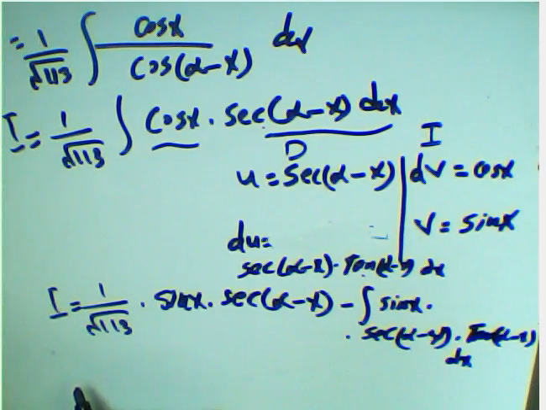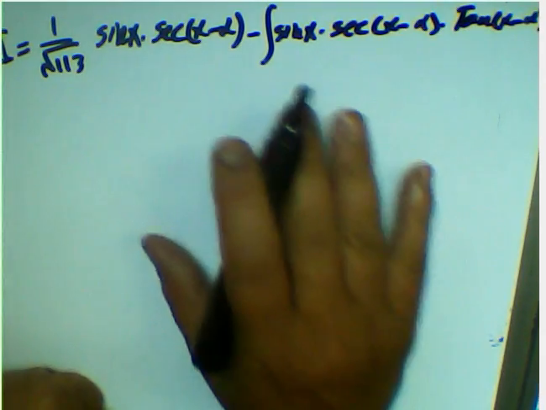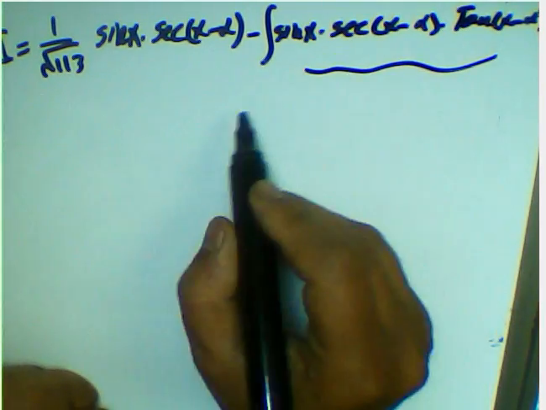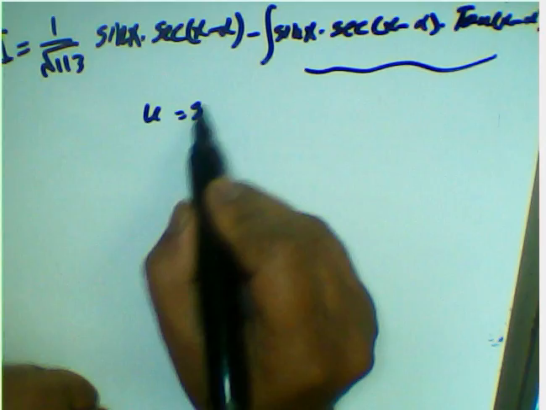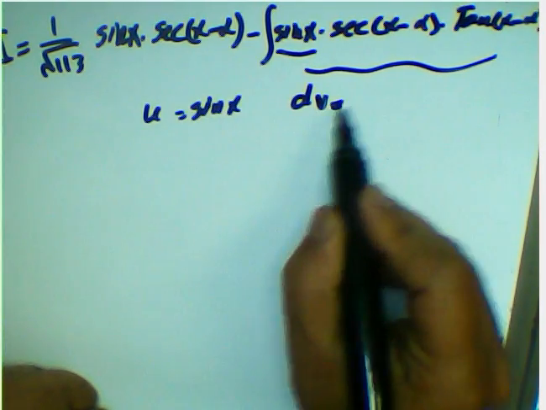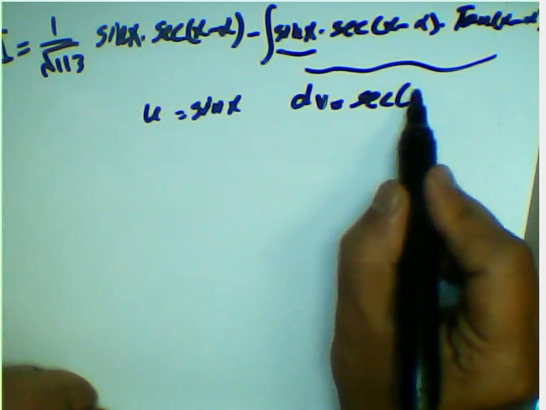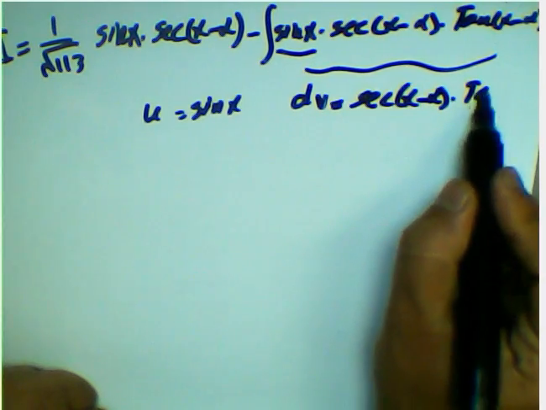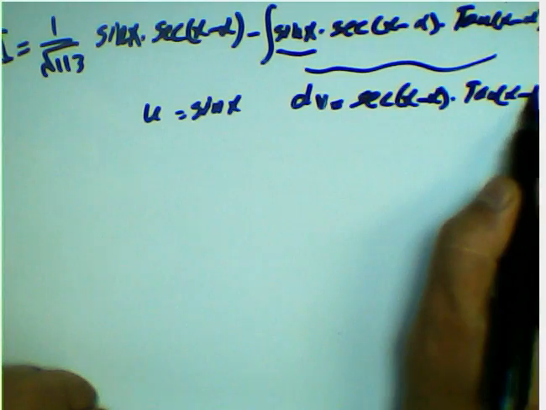Okay, this function here, we can complete it by using u equal to sine x here, and dv equal to sec x minus alpha tan x minus alpha.